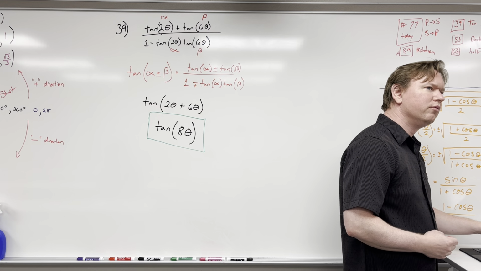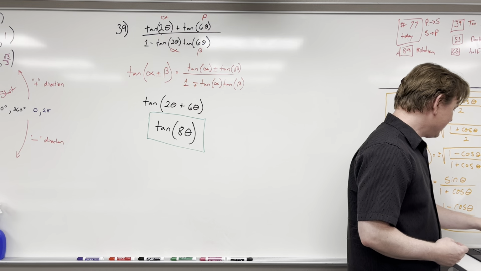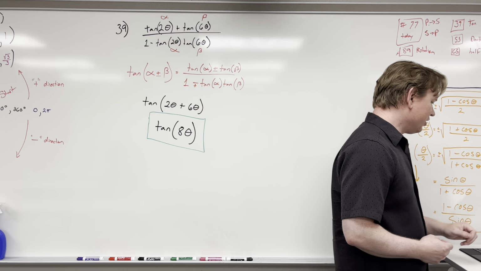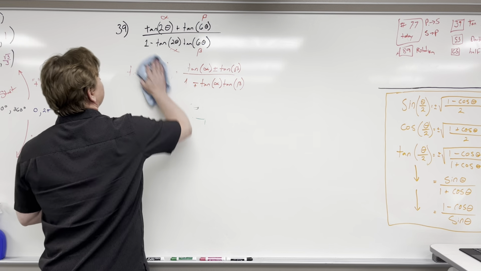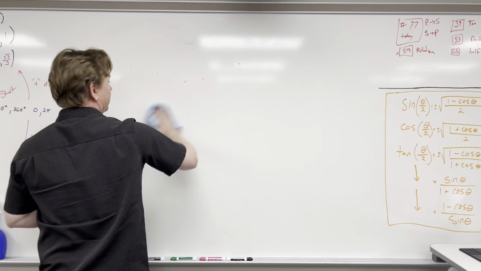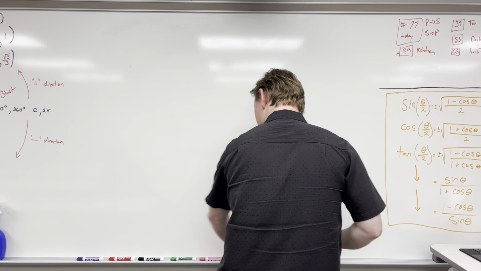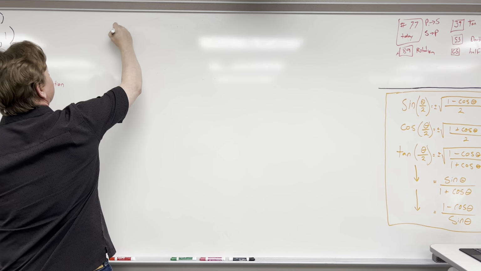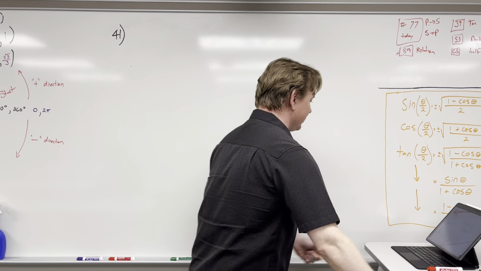Time-wise, I think, well, how about this? I'm gonna erase this, and then we're gonna look at 41. Basically, I'm just going to be like, hey, does this kind of look like what we just did?